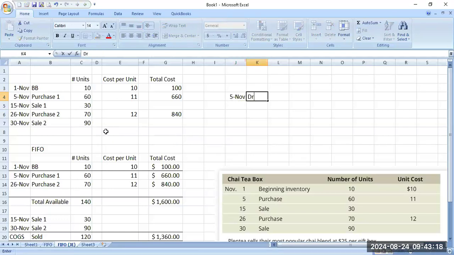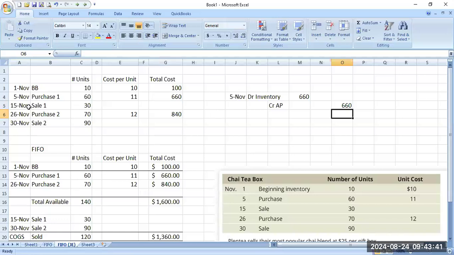Debit inventory for $660. Let's pretend that we're not paying, so basically that would be credit accounts payable of $660. That's what happened on November 5th.